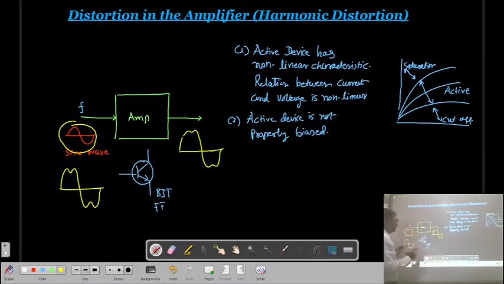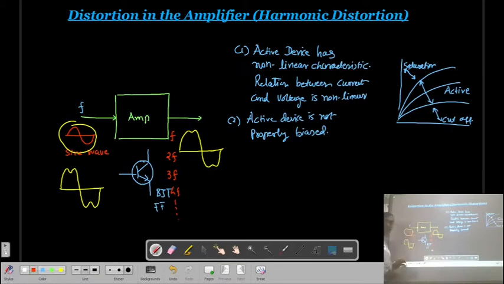So if we apply the frequency f at the input, then in the output of this amplifier circuit you will have frequency f present, 2f present, 3f present, 4f present.